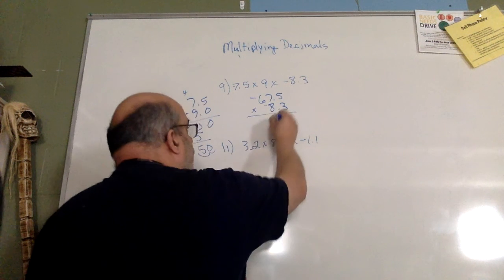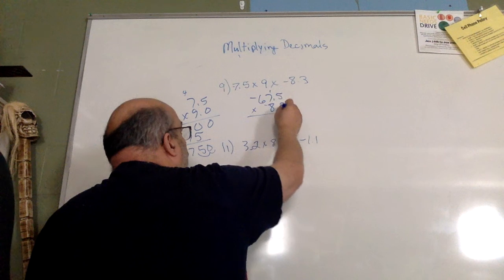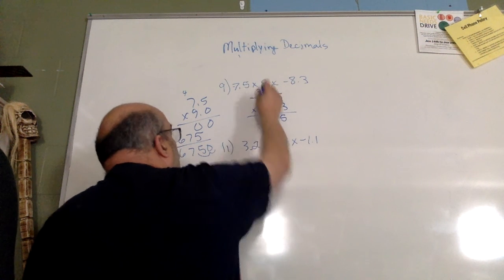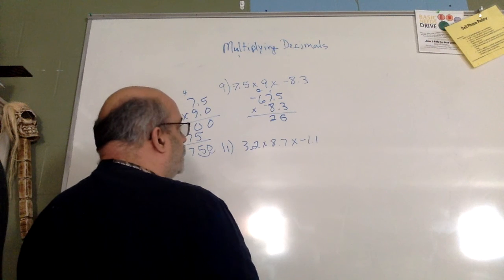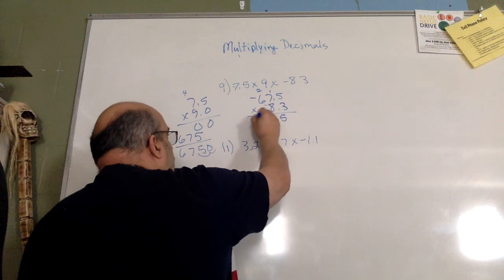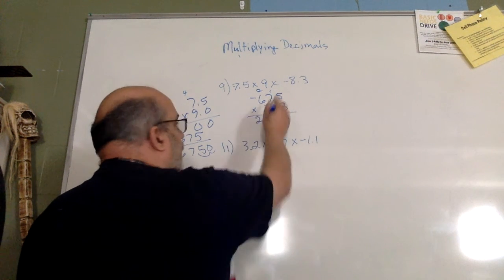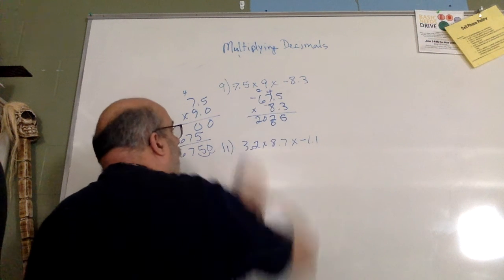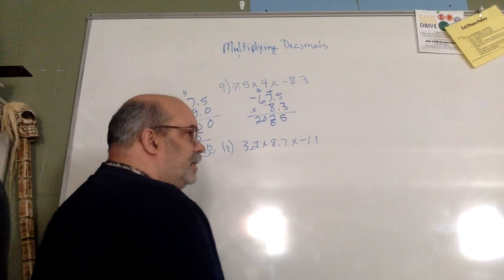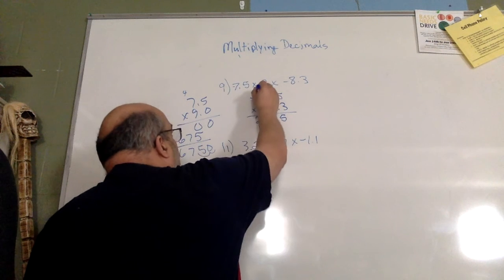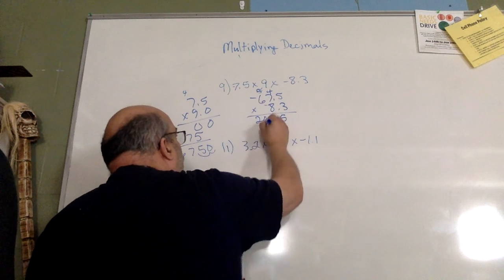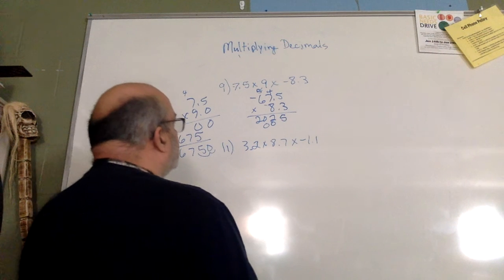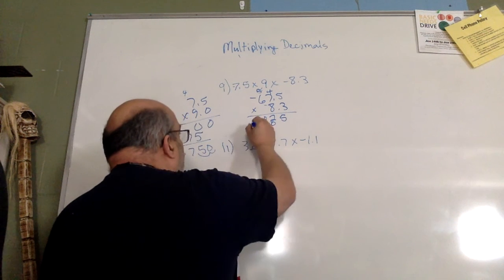3 times 5 is 15, carry the 1. 3 times 7 is 21, plus 1 is 22. 3 times 6 is 18, plus 2 is 20. 8 times 5 is 40. Carry the 4. 8 times 7 is 56, plus 4 is 60. Carry the 6. 8 times 6 is 48, plus 5 is 53.